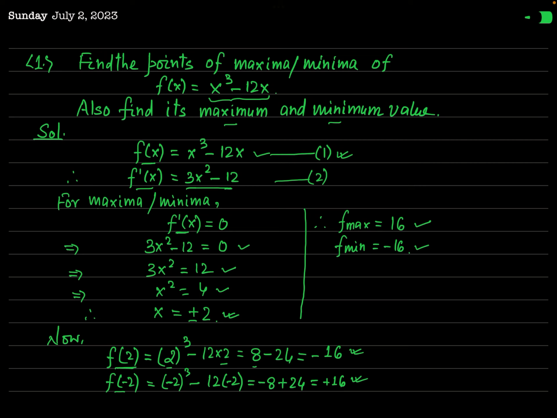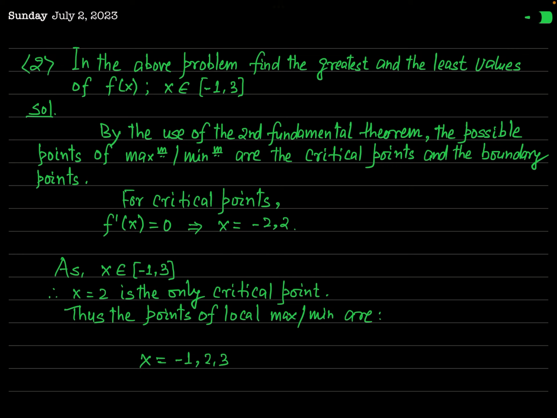Now the second problem is just related to this first problem. The second problem says that in the above problem, find the greatest, that is maximum, and the least, which means minimum, values of the function f(x) when x belongs to the closed interval [-1, 3].